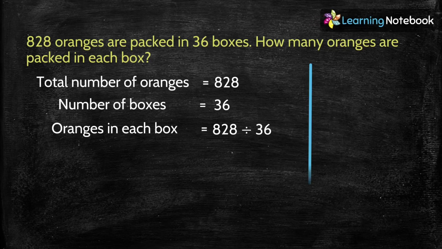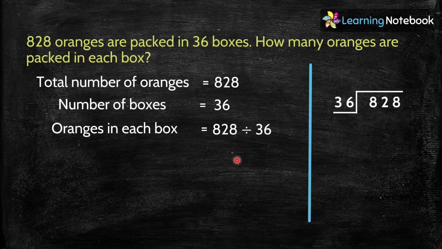So let's divide. Let's use the same method to estimate the quotient which we learnt before. So we have to divide 82 by 36, which means we have to divide 80 by 40, which equals 2. So let's take quotient as 2.